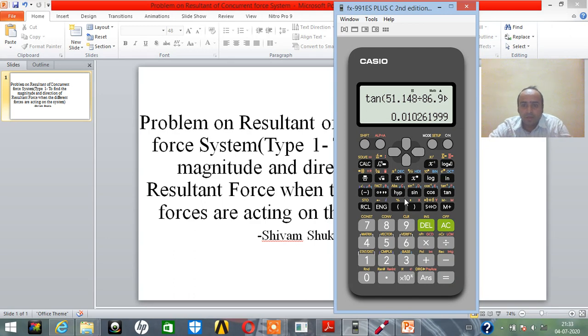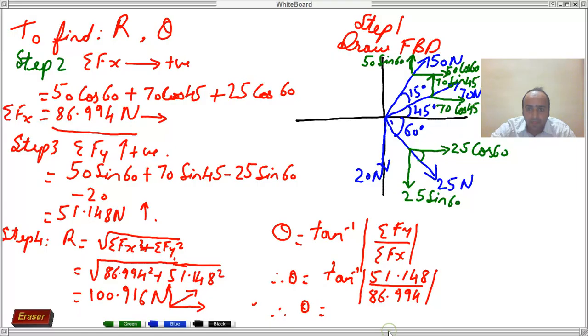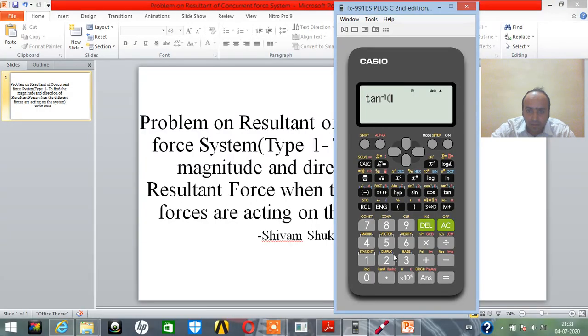Okay, tan inverse by mistake it is not taken, we'll do it again. So here it is 51.148 by 86.994.